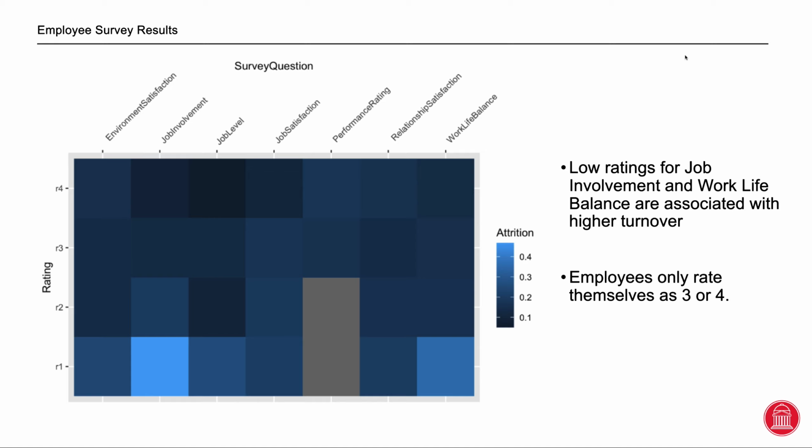You can see the lightest blue is showing you the highest proportion of attrition, and that comes up in job involvement and work-life balance. So employees reporting a low score for job involvement and work-life balance have a higher percentage of those employees that are actually going to leave the company.